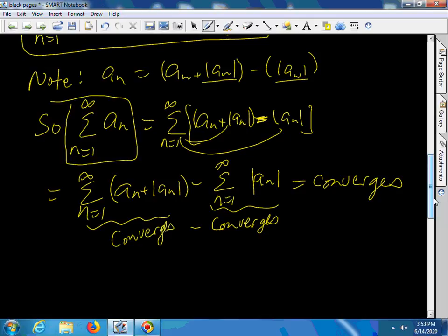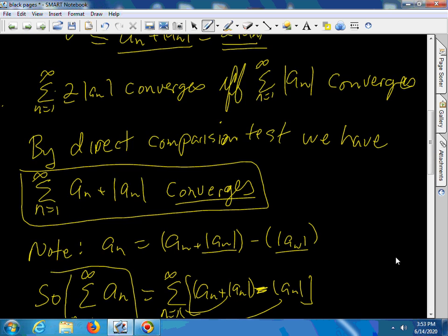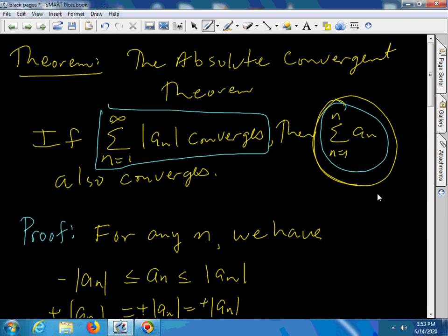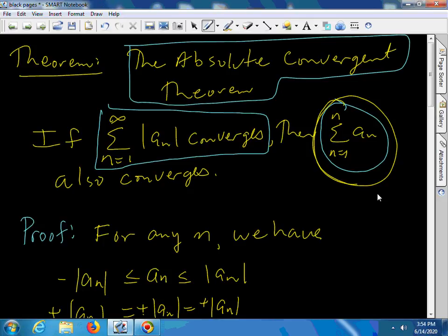If the absolute value series converges, then the series without the absolute values also converges. This completes the video for the proof of the famous absolute convergence theorem.